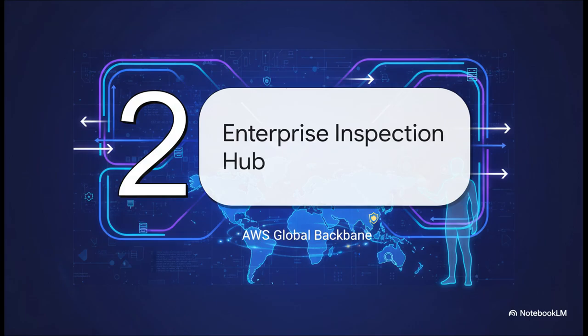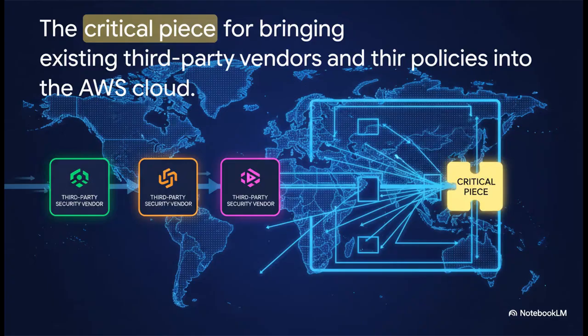All right, let's move on to a component that is absolutely central for any organization that needs that enterprise-grade inspection and control over their network traffic. This is the critical piece of the puzzle, especially for organizations that have already invested a ton in third-party security vendors. They want to bring those same capabilities, those same policies, into the cloud.